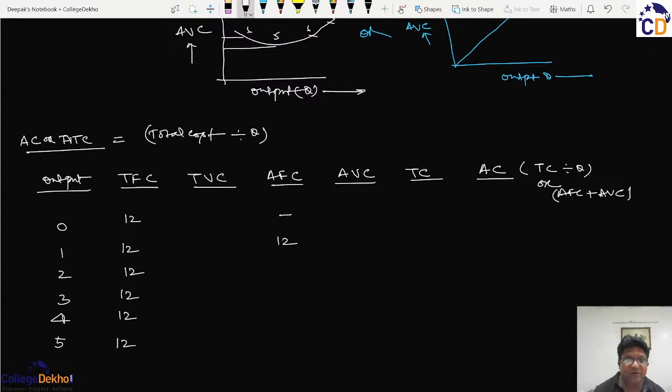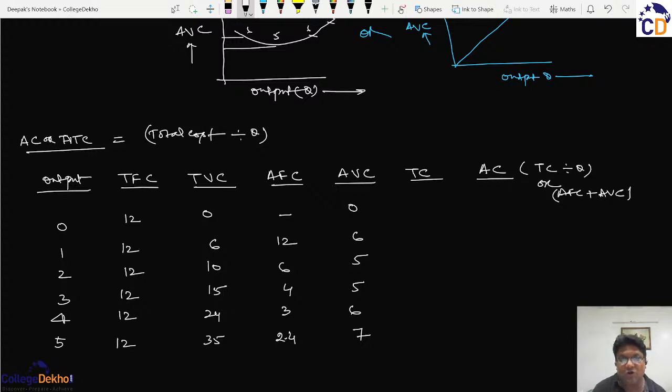It was 12 here, 6 here, 4 here, 3 here, and 2.4 here. The total variable cost as discussed was 0 here, 6 here, 10, 15, 24, 35. Therefore, the average variable cost here was nil. It was 6 here, 5 here, 5 here, 6 here, 7 here.